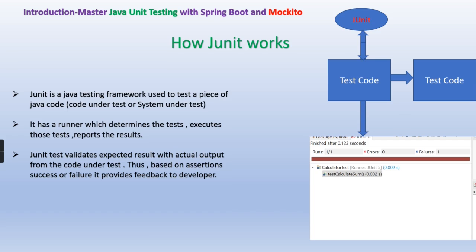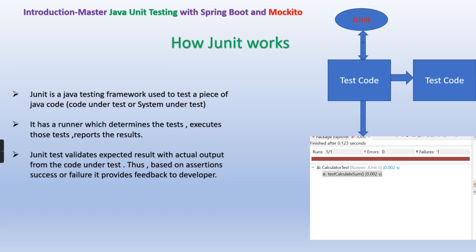Whoever writes the code, that developer must know about the output. Let's say integer a equal to 10, integer b equal to 10, and integer sum equal to a plus b. That means the developer knows that the functionality is going to return a sum equal to 20. So the expected value is 20 and the actual value is also 20.